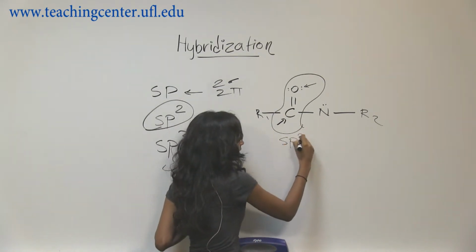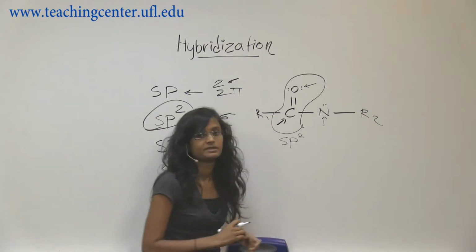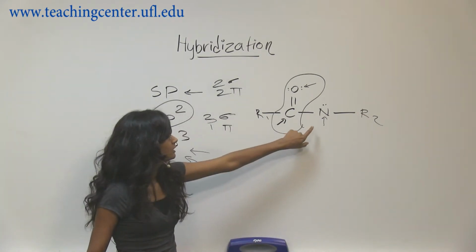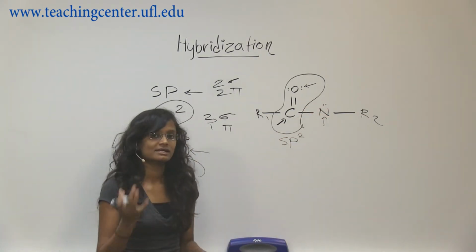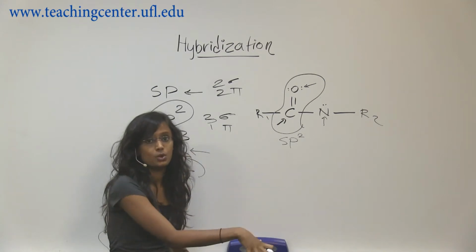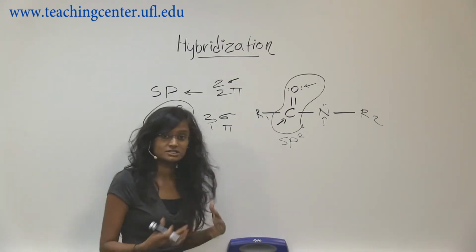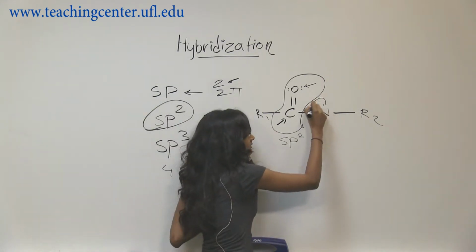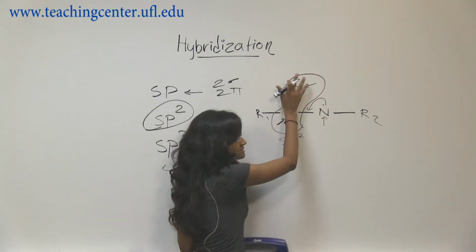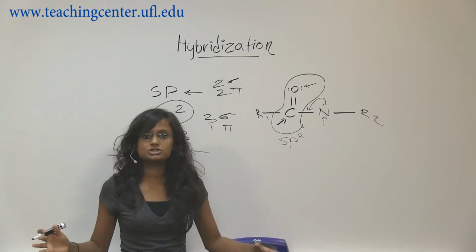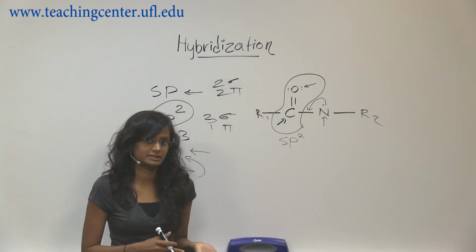Now the lone pair in the nitrogen atom, whenever there is a chance for that lone pair to donate to the sp2 system right next to it, it's going to do it. So this lone pair will donate to this sp2 system to make the whole structure more stable than what it is.